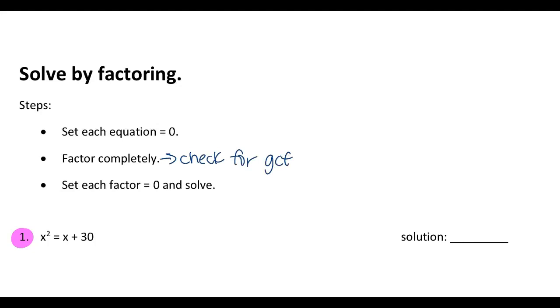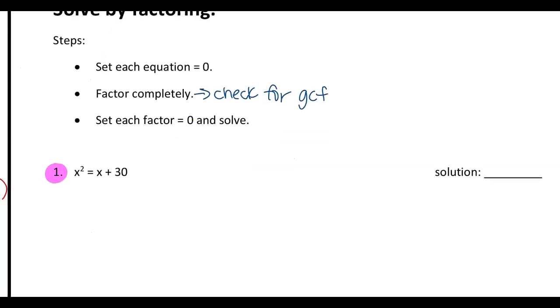Make sure you do that. Once you check for the GCF, if you have one, of course, factor it out. And if you don't have one, then fine, continue to solve. You're going to set the factors equal to 0 once you factor completely, and then you're going to solve.